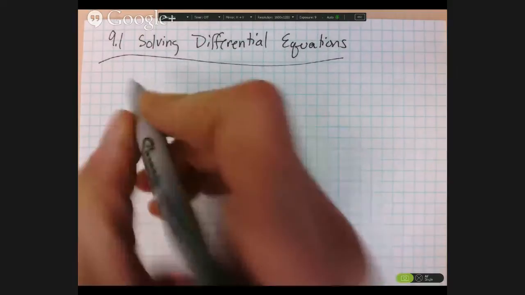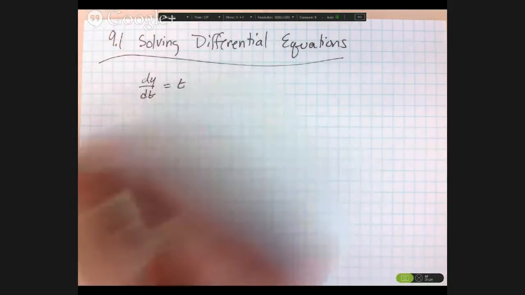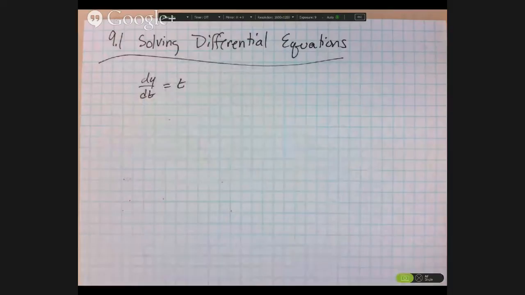Okay, so here's an example of a differential. You might be given something like that. Notice here's one key for this one.